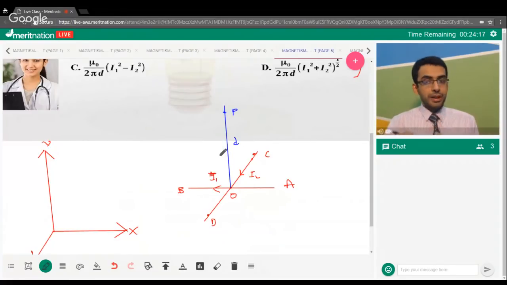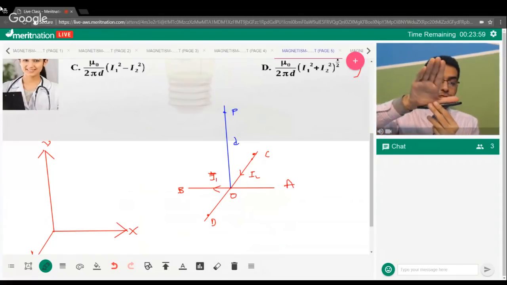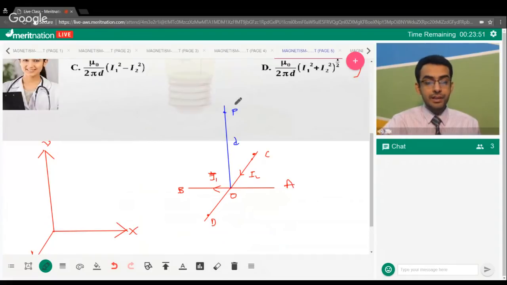So dear students, you can apply the right hand thumb rule to find the direction of magnetic field at point P. Put a pen along AB and hold it, and you can find using the right hand thumb rule that at point P the direction of magnetic field will be in negative Z.